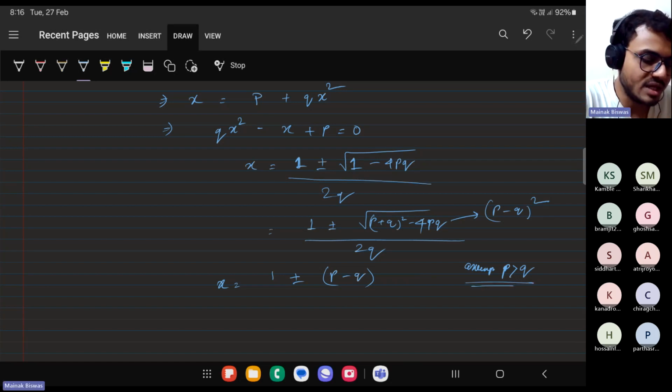So I assume p is greater than q, that is, it is more probable to have a head than a tail.